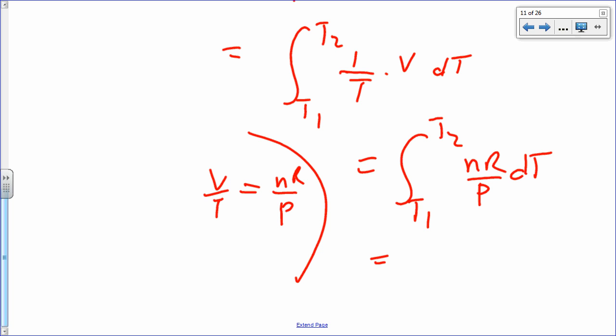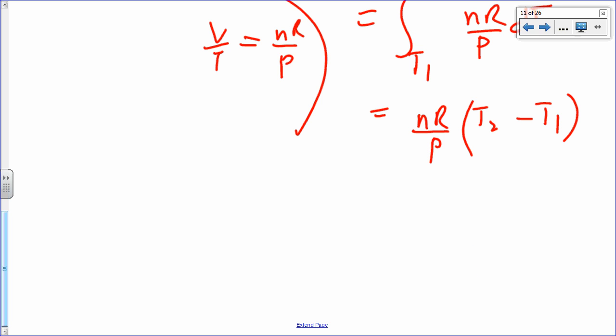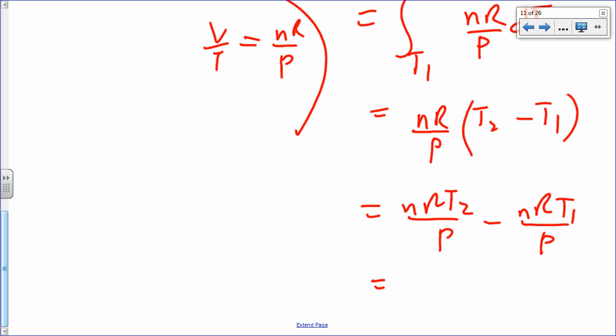Pressure is constant, right? n is constant, R is constant. I can pull that out of the integral. nR over P times T2 minus T1, right? Which is just the same thing as nRT2 over P minus nRT1 over P, which is just V2 minus V1, okay, which is delta V.